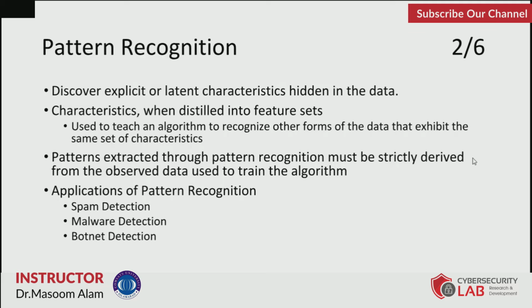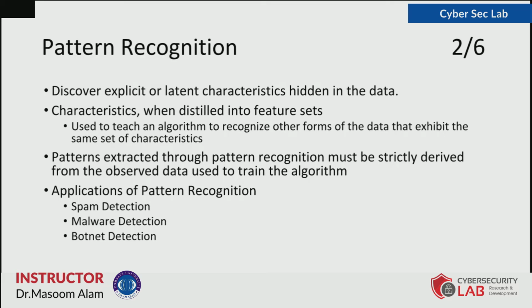We teach the algorithm that these are the features you need to learn, and then you have to look for them in future data. Patterns extracted through pattern recognition must be strictly derived from the observed data used to train the algorithm.